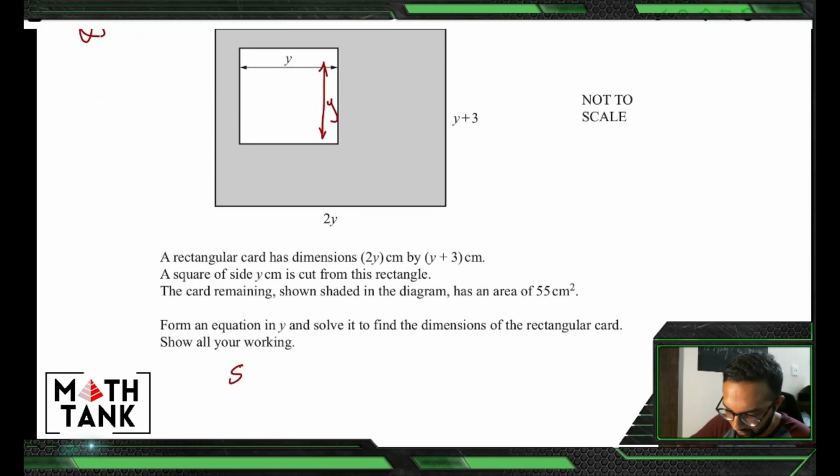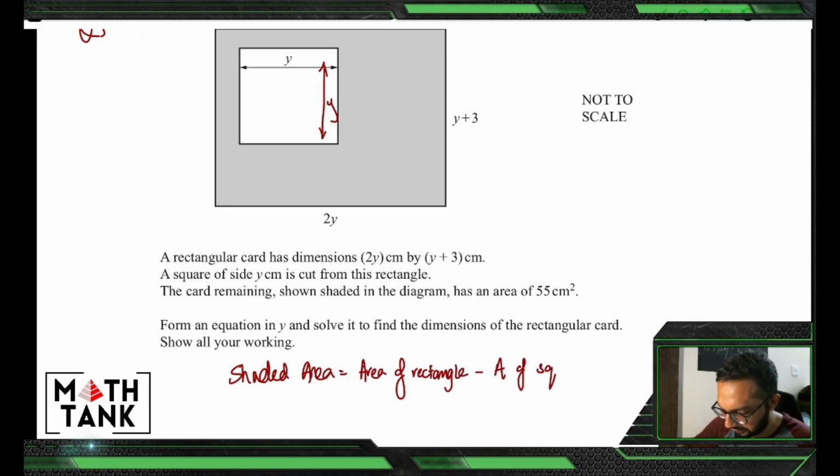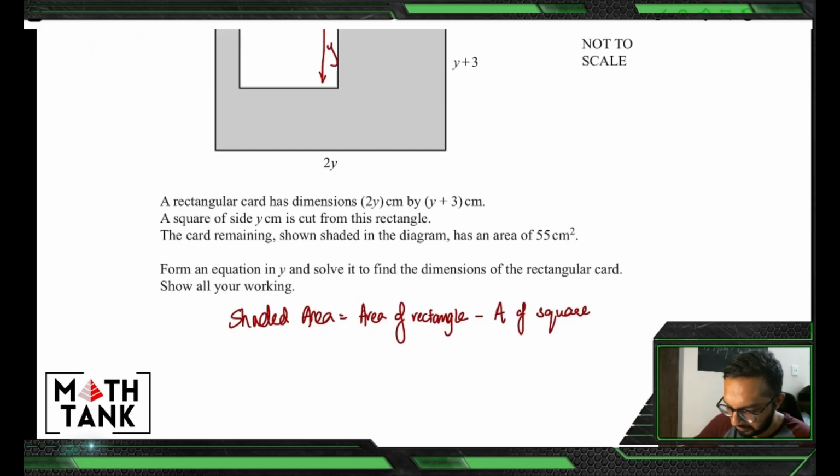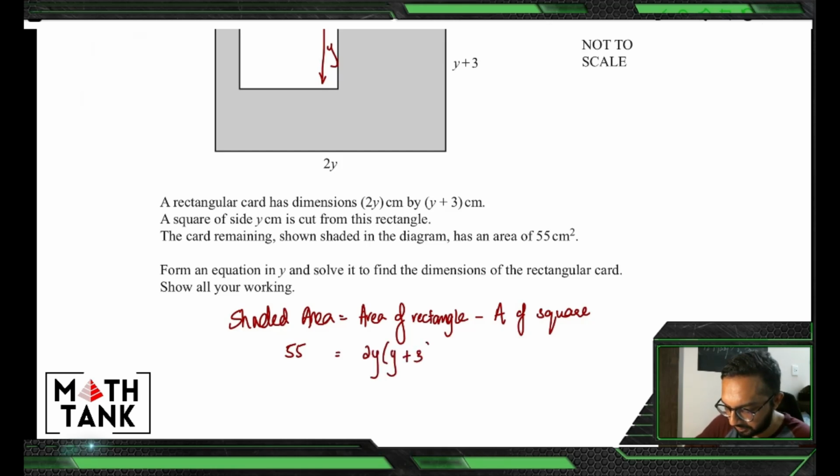Can I say that the shaded area is basically area of rectangle minus area of square? So the shaded area is 55. What is the area of the rectangle? It's length into width, or length into breadth, whatever you want to call it.